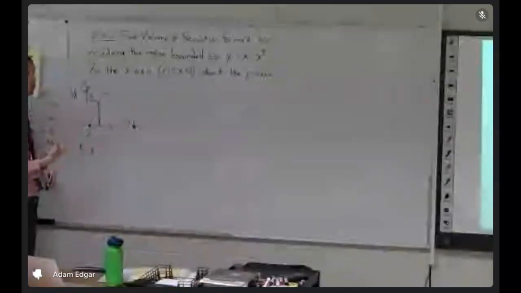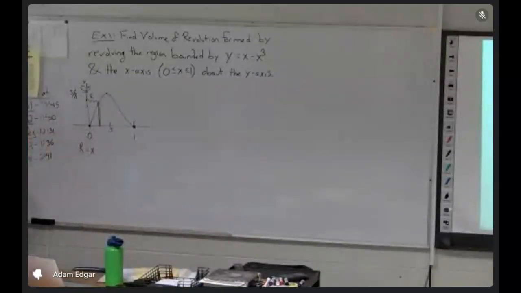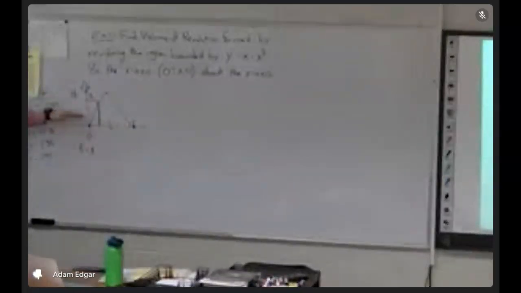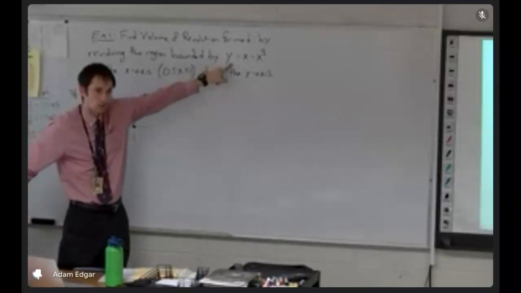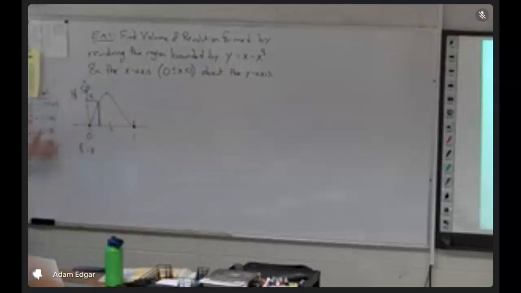If we were doing this with discs or washers, then our rectangle would be perpendicular to the y-axis, and we would have to do things in terms of y. And we could see, yuck, getting this in terms of y is going to be terrible. So we say, let's do shells instead. Then we run this thing perpendicular to the x-axis, so that we're parallel to the axis of rotation, and now we're going to do things in terms of x.